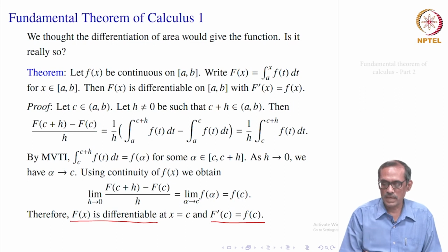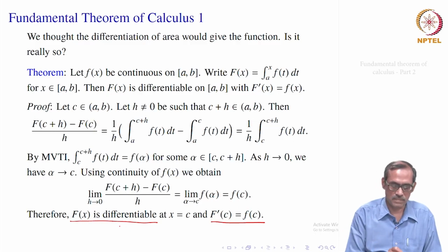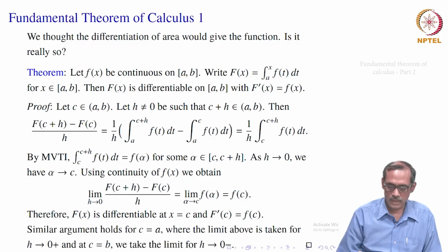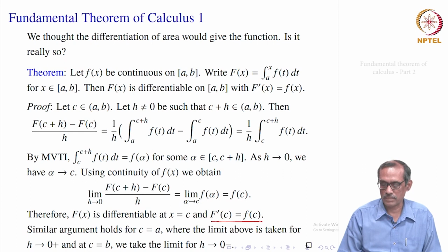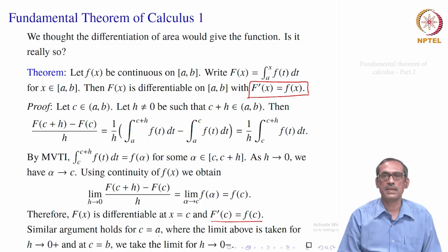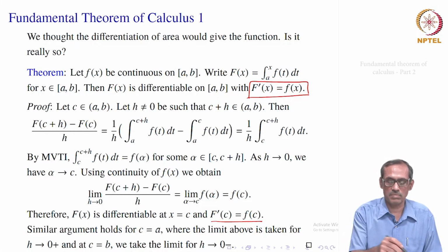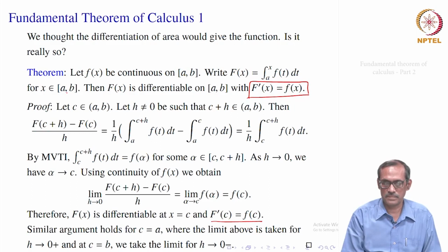Similarly, at b it will be h goes to 0 minus, and you would get c plus h. Okay. So, at the end points also a similar thing is happening. That is why we say that F prime x equals f of x for every x inside the closed interval a b, and that gives the proof of the result.